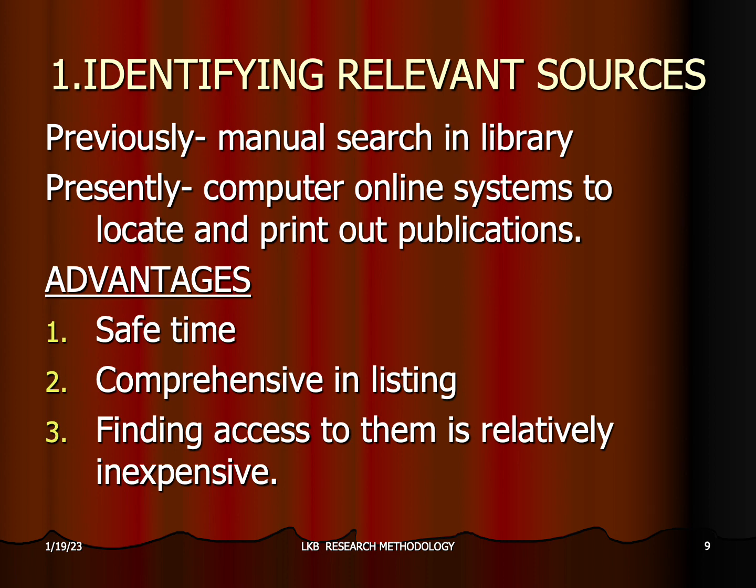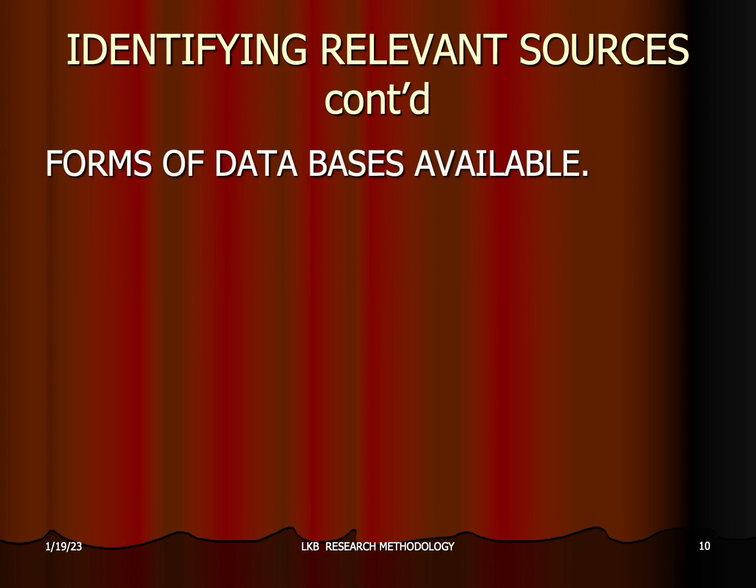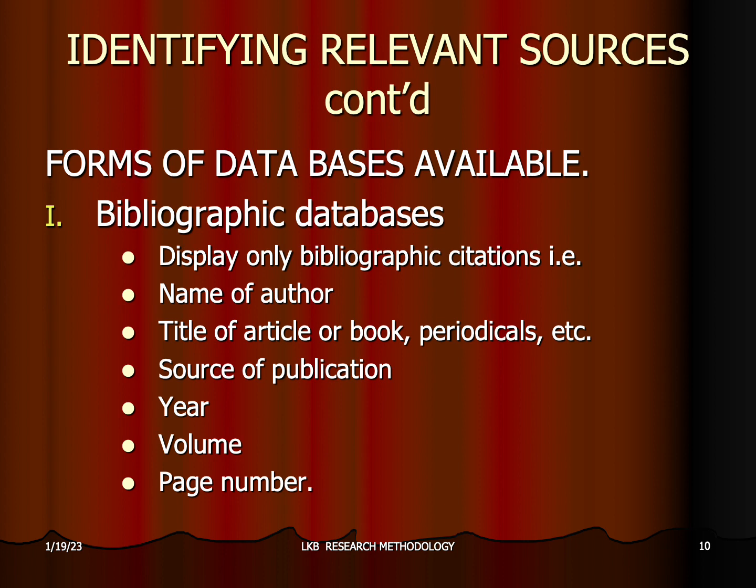So what are some of the possible databases or relevant sources of information? We'll start with the simplest, which is bibliographic databases. Every time you read an article or scientific publication, at the last page, often, there's a list of all the references or the materials which the researcher used to write up their work.